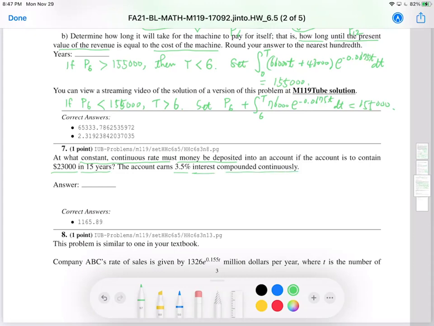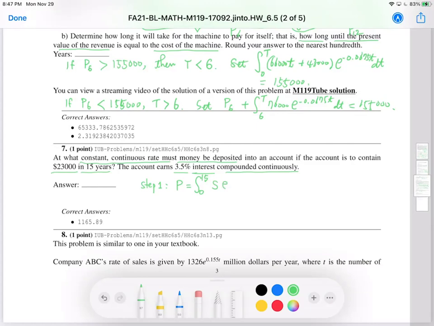Okay, so the future value is 23,000. So first, let's compute the present value. The present value is equal to the integral from 0 to 15, and the constant deposit rate is unknown. You want to find this.